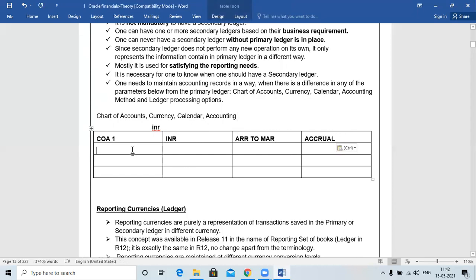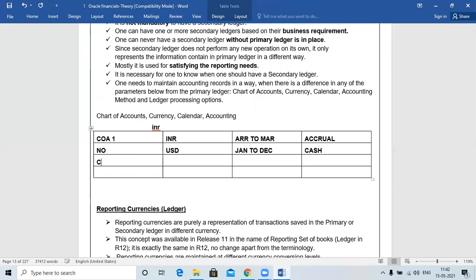So no change in chart of accounts. You are opening a branch in the USA, and you have a calendar change and an accounting change. Even with 3 or 4 changes, only 1 secondary ledger is needed.